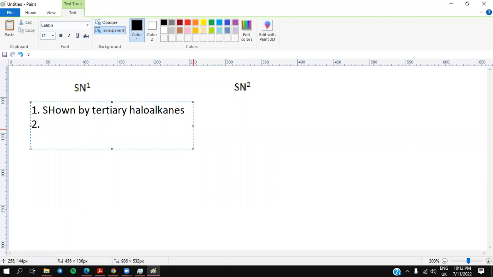Number 2, they are two-step reactions. Number 3, they occur through carbocations.